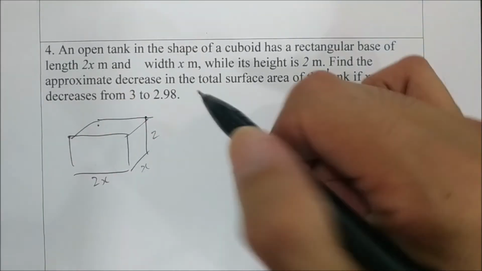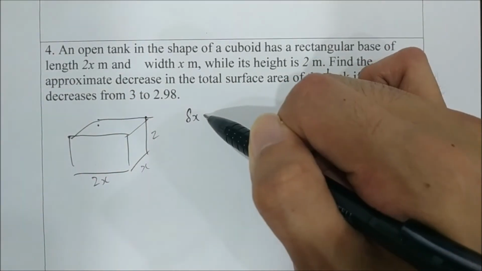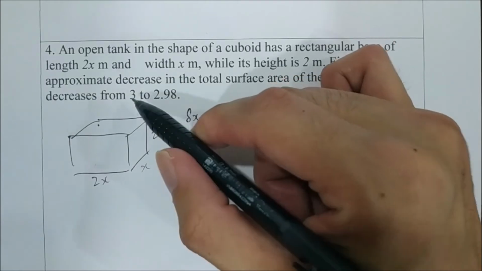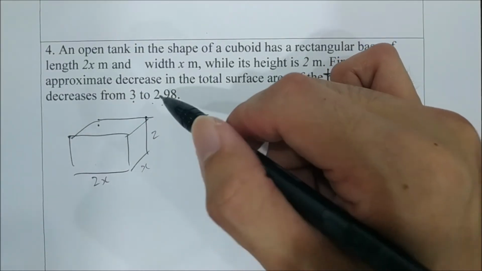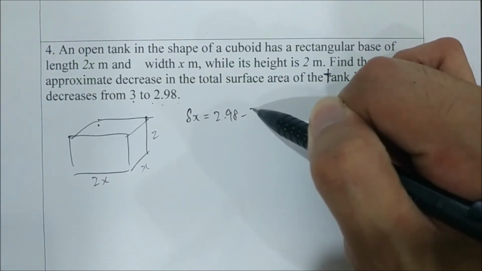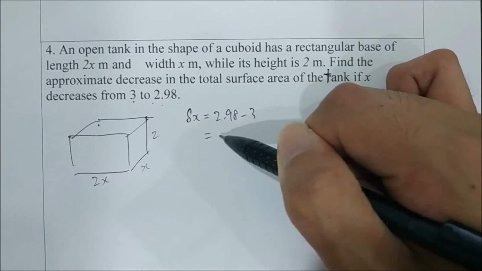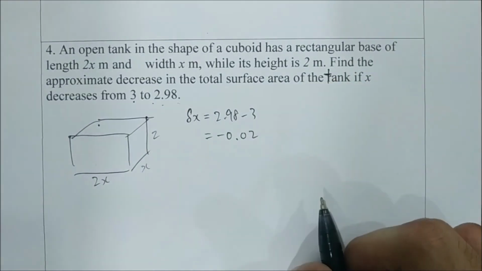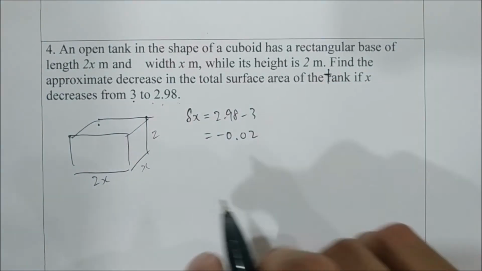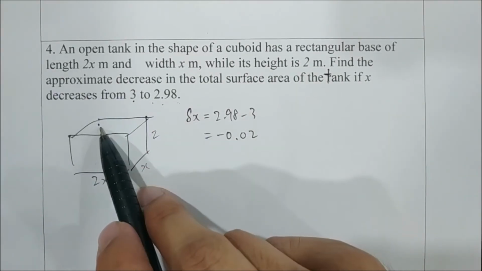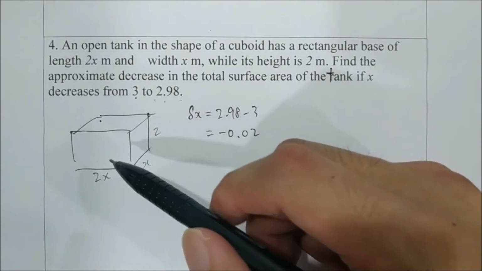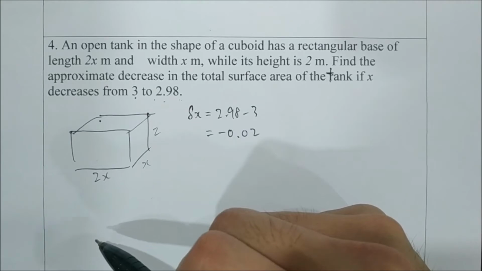So x decreases, delta x decreases from 3 to 2.98. You take the latter value minus the previous value, you get negative 0.02. Since this is an open tank, it only has 5 surface areas.